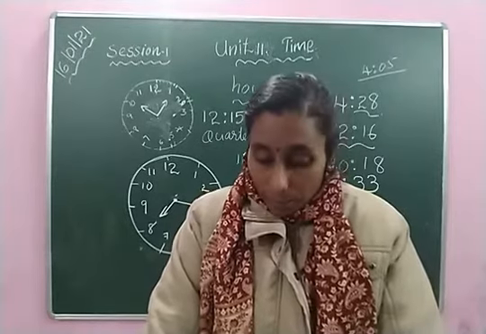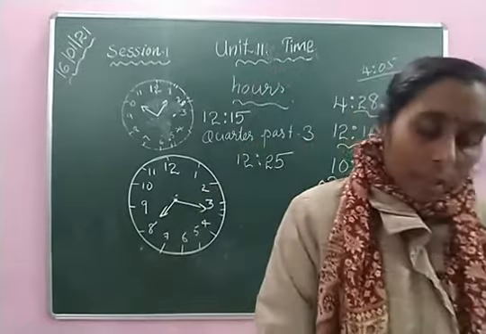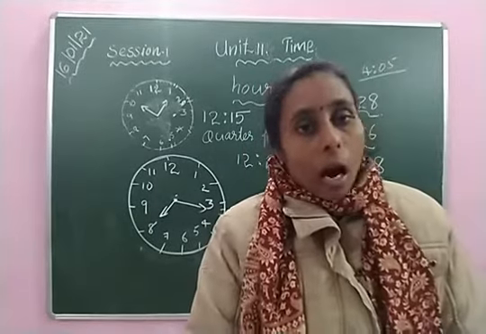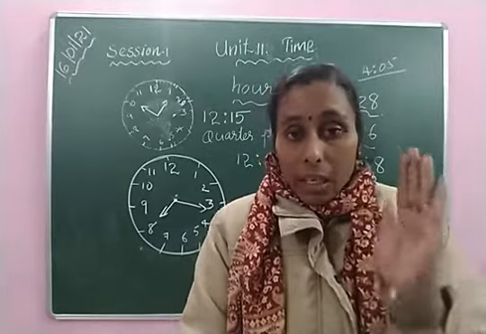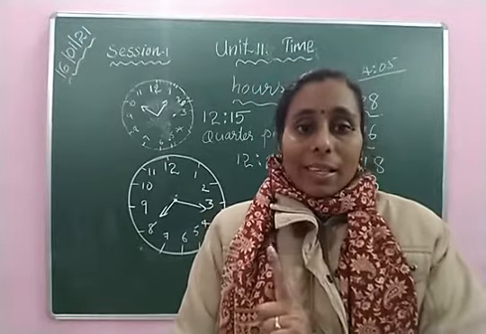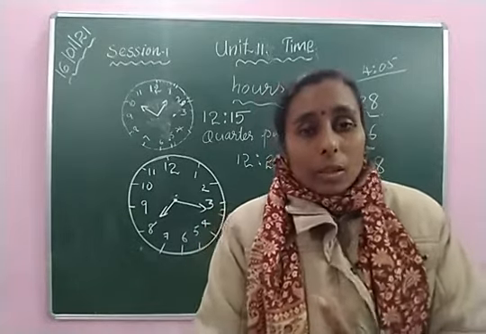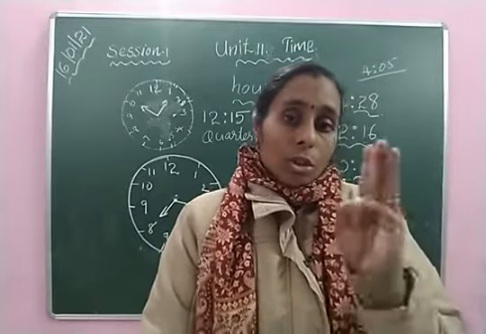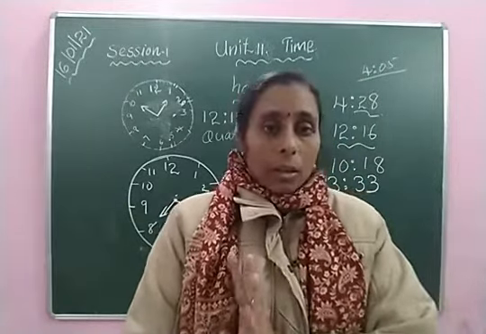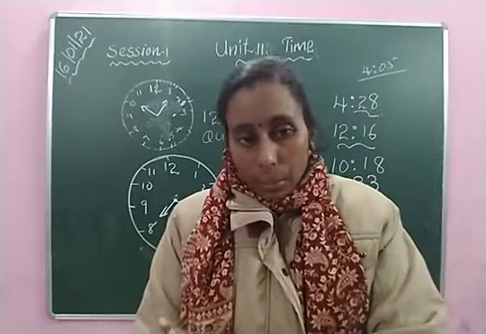Each part shows hours, and between each number there are again 5 equal parts that show minutes. There are two types of hands in a clock: short hand and long hand. The short hand shows hours and the long hand shows minutes.